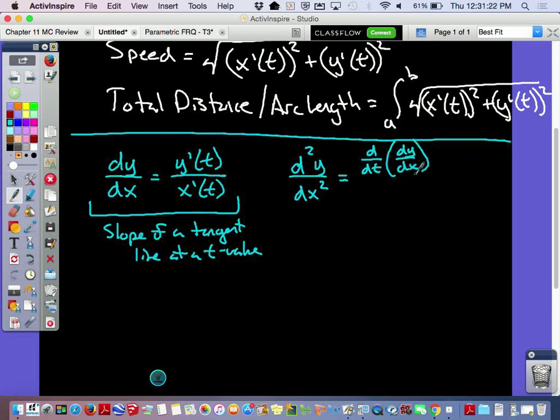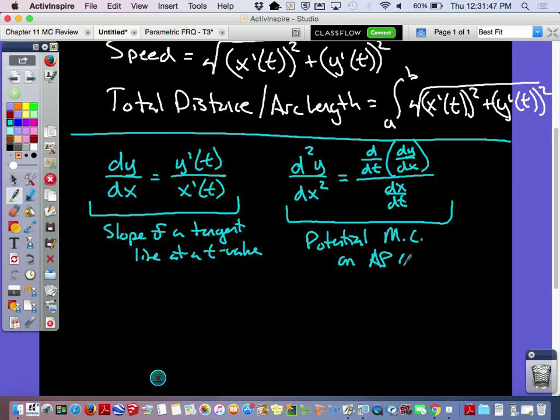And of course dy/dx is y prime over x prime. And then you divide that by dx/dt. Okay, so dx/dt, again, that's just x prime of t. So it would just be a matter of finding this. So this is a potential multiple choice question on the AP exam.